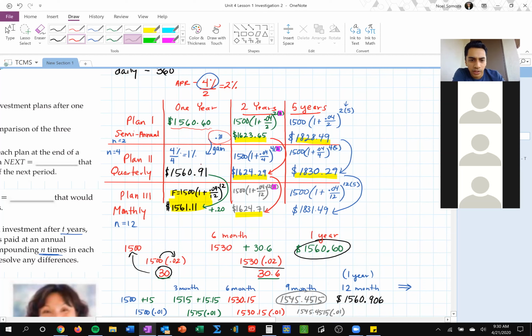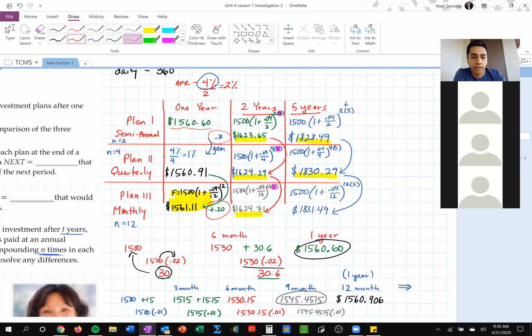And then there was another change in amount if you decided to do it monthly. It was about 20 cents more. So semi-annually, when you compound less, it earns you less interest. When you compound more, so if you compound it quarterly, it earns you more interest. But if you compound it monthly, it gives you even more interest.